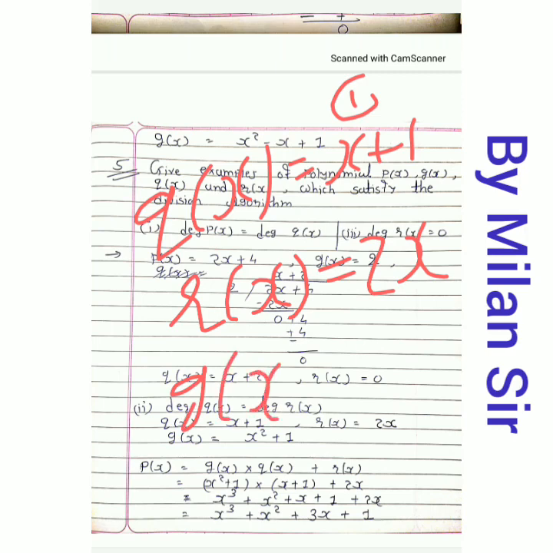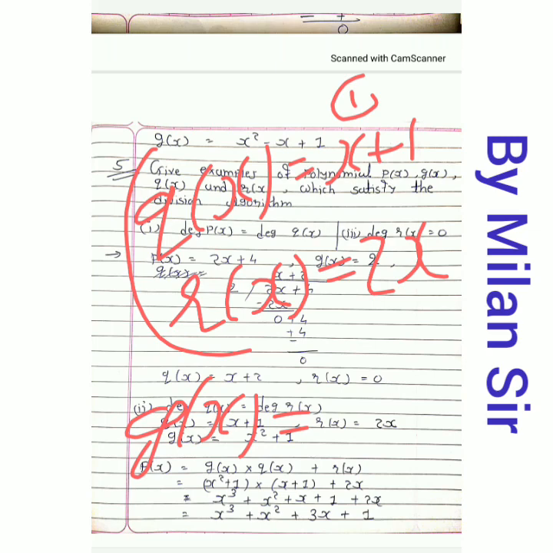You can select randomly, you can take any polynomial as g of x. Here my r of x is a random polynomial and g of x is also a random polynomial. But in selecting q of x and r of x, we need to take the same degree.